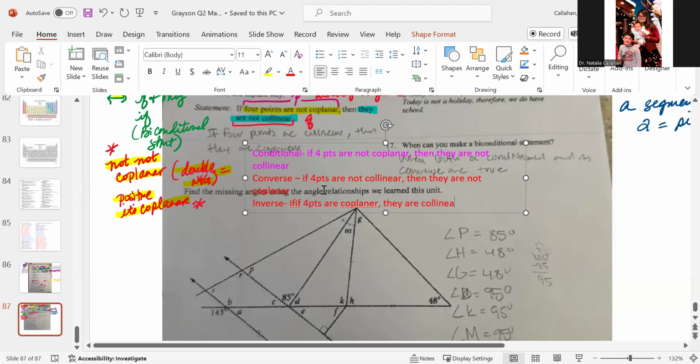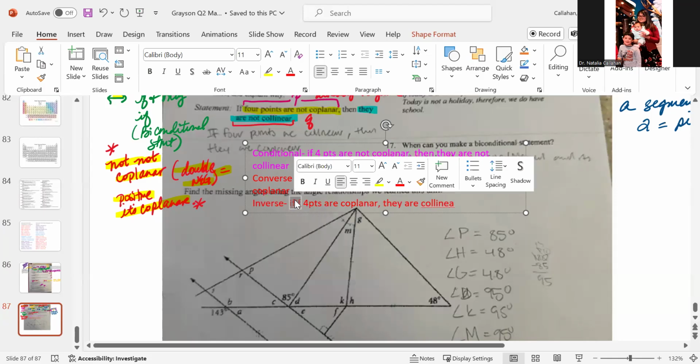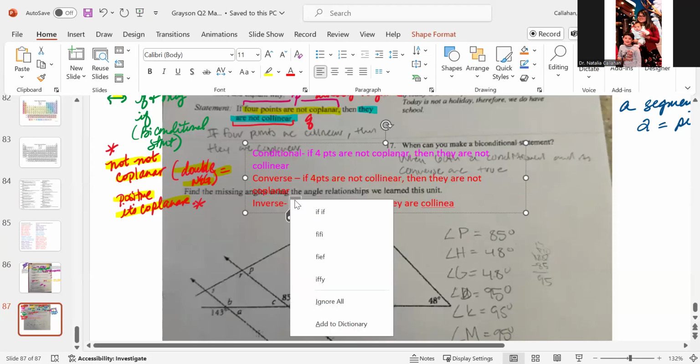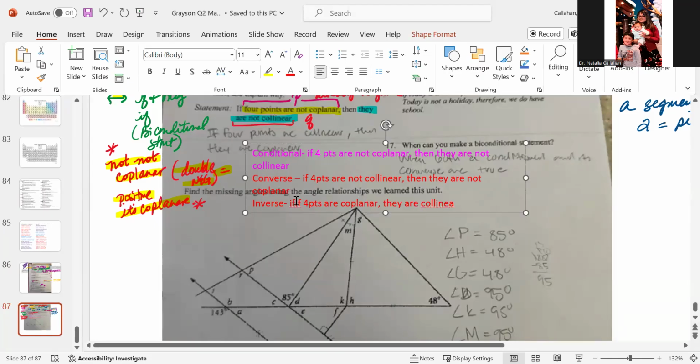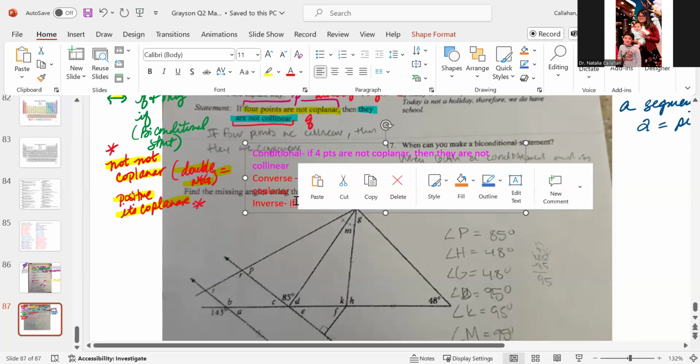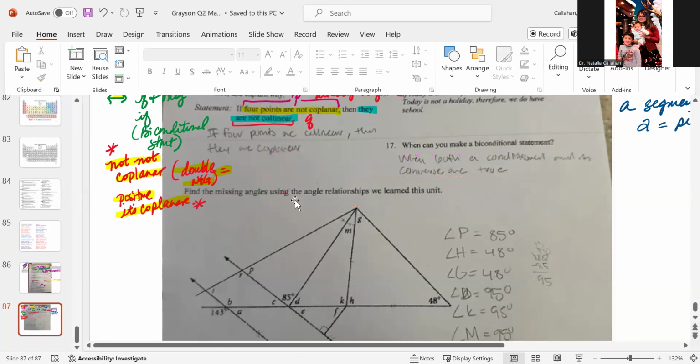And just to make sure you're checking with us, when you check this, make sure that the inverse is just like the conditional, except the only difference is that there is a negative.